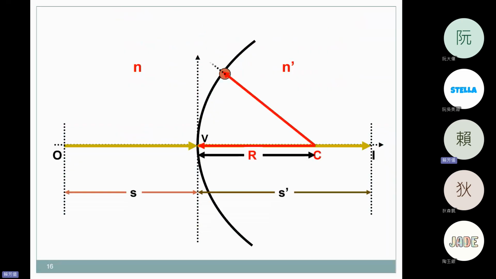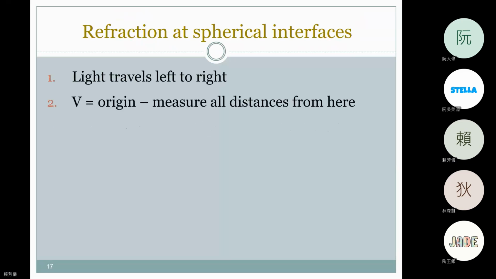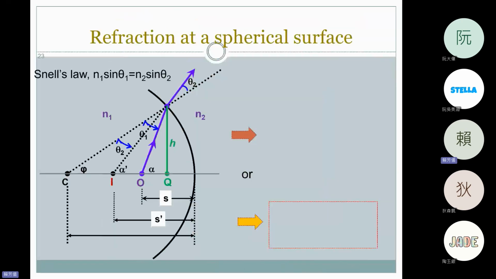Okay, so here we can quickly use the approximation to find the image equation of the refracting surface. I will use this figure to find the refraction at a spherical surface.